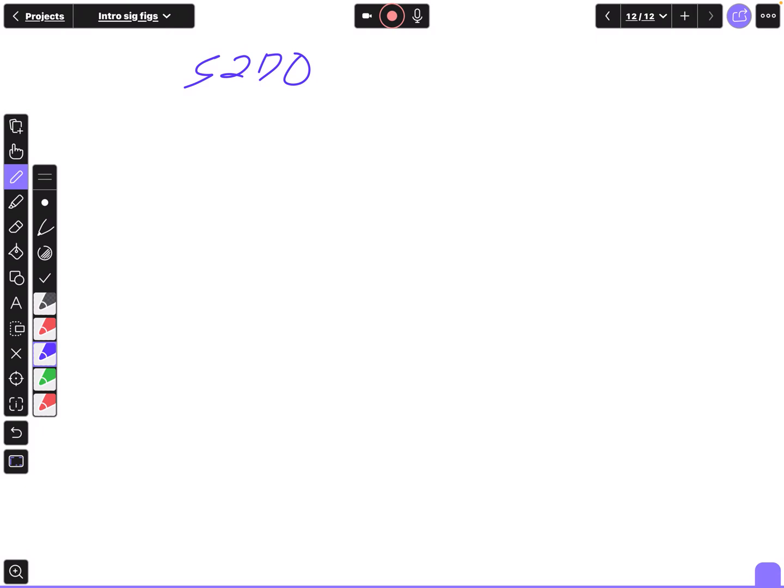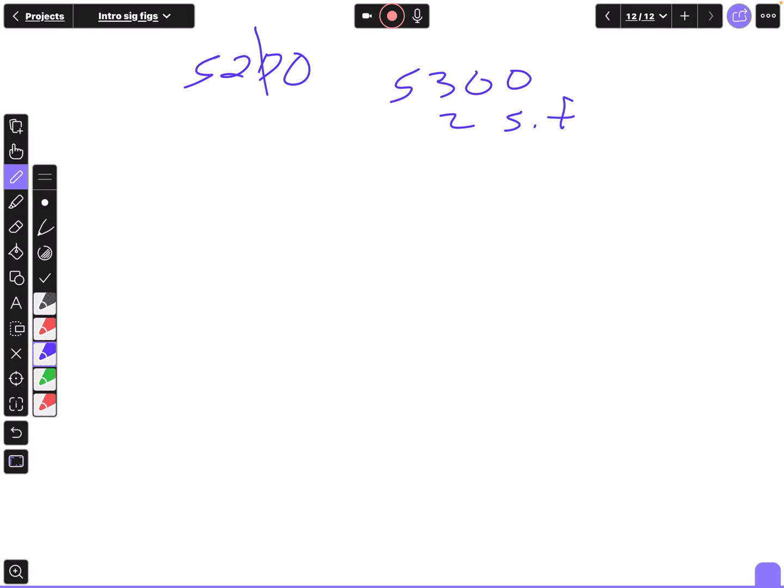There's a couple ways I can do this. I would need to cut it off right here, right? I can't change the number though. I could round it up to 5,300, and then the 5 and the 3 are significant. Those last 2 zeros wouldn't be, so that would be 2 significant figures.